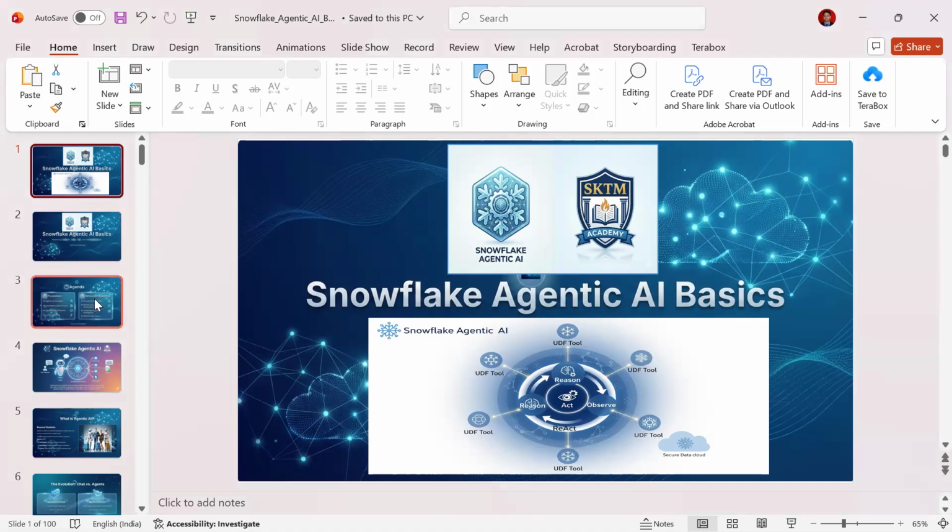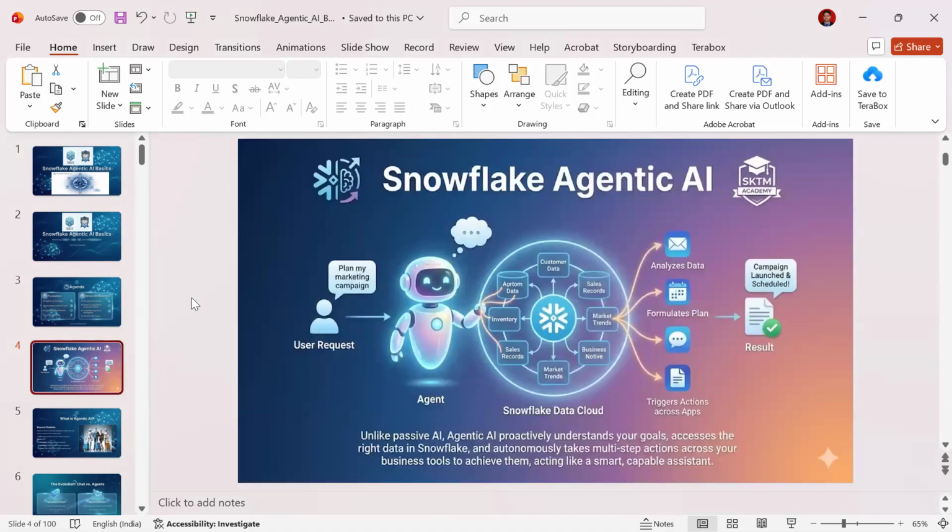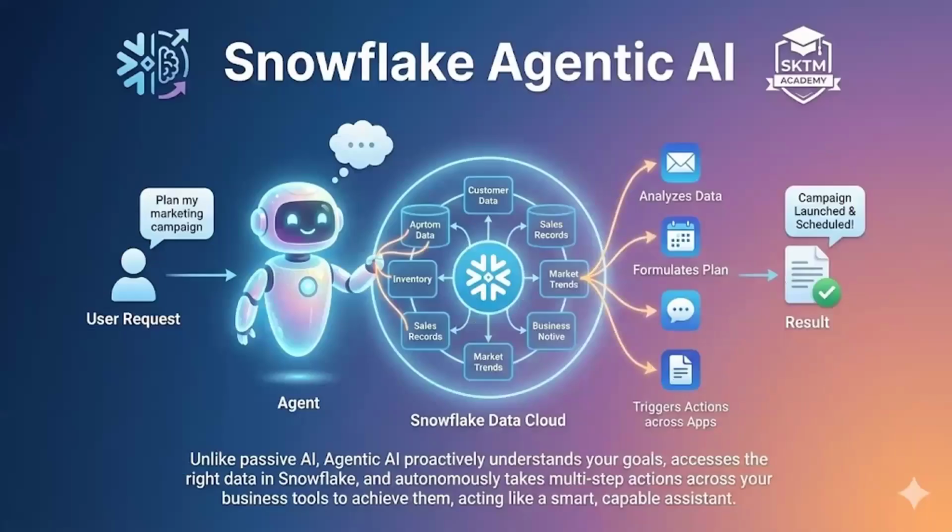Coming to agentic, this term is a buzzword now in the market, and the majority of people talk about agentic AI. Why are people running behind this, and why is Snowflake also investing very heavily in this area? There are many reasons. The majority perception is that it's just a chatbot that will provide some information on our queries.